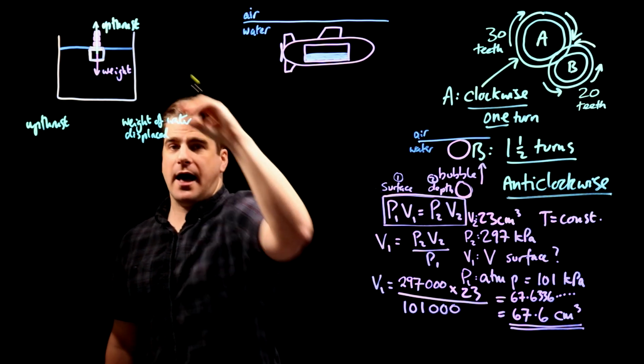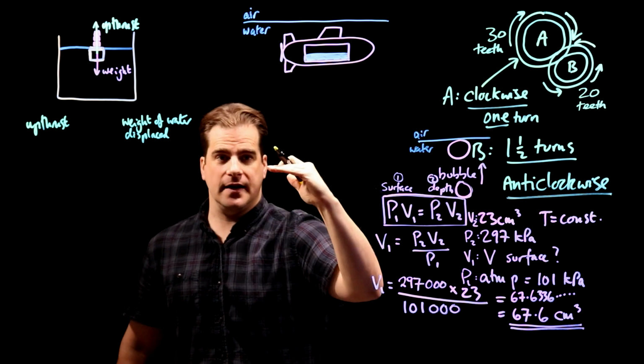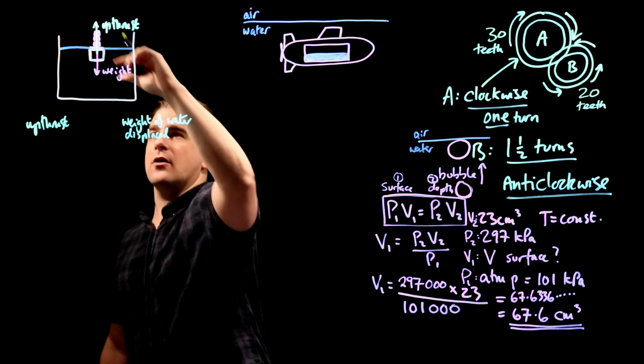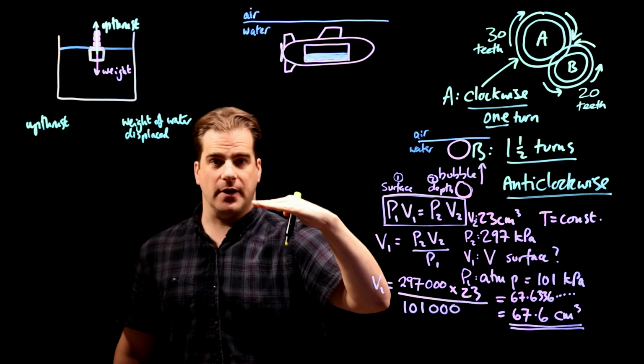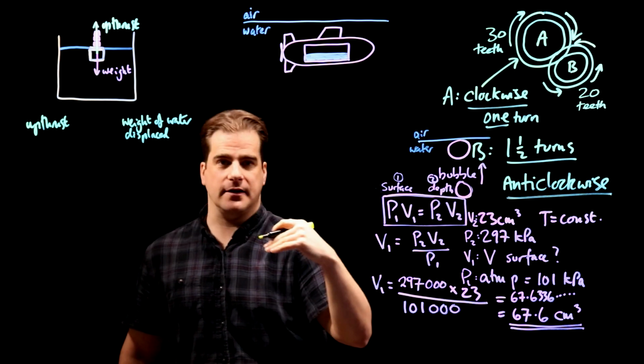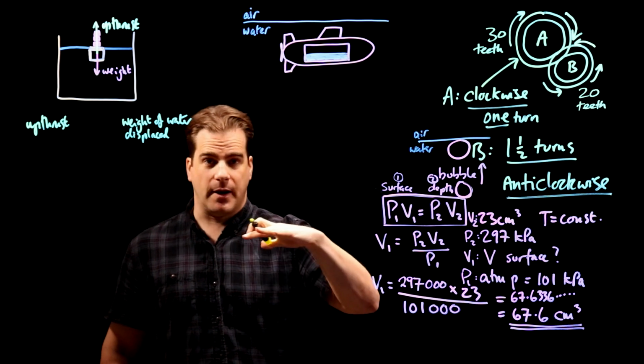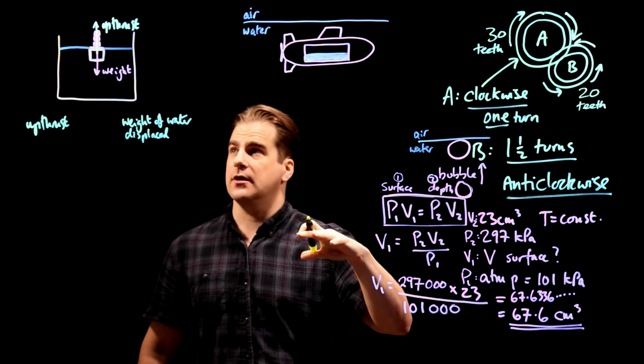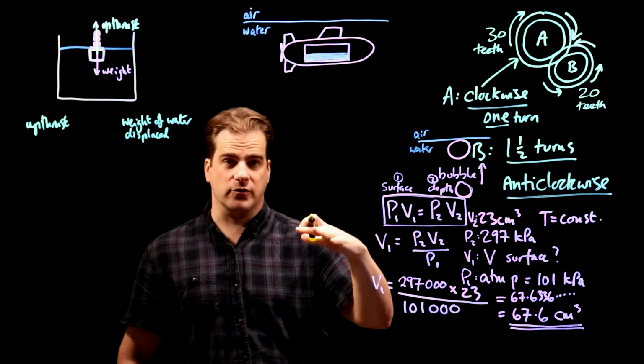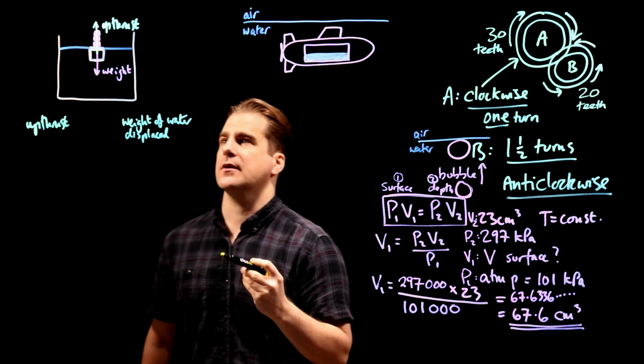She has to keep adding weights until the wooden block is just submerged below the level of the water, because then it's fully submerged, okay? And the block is fully displacing a volume of water equal to the volume of the block, okay?